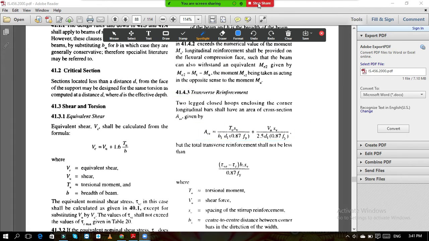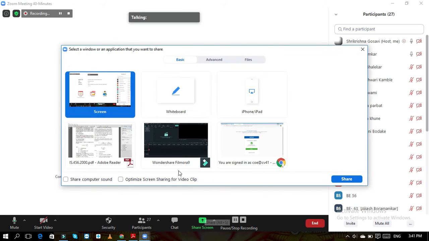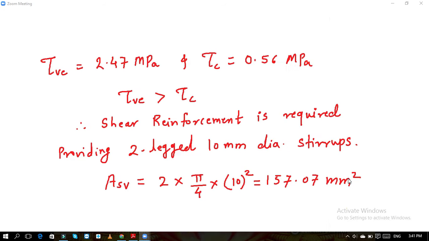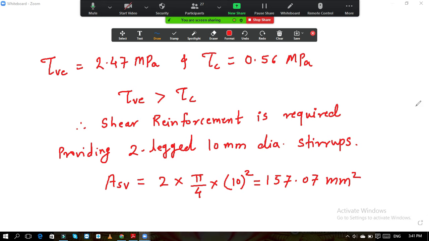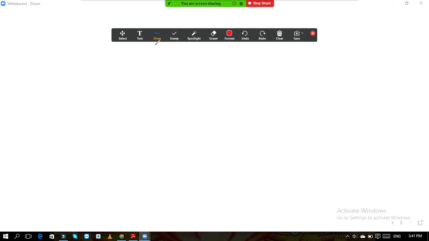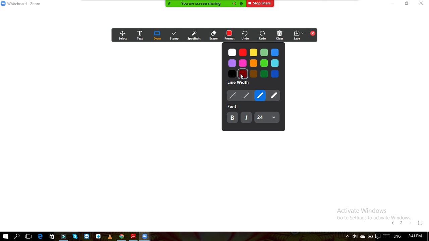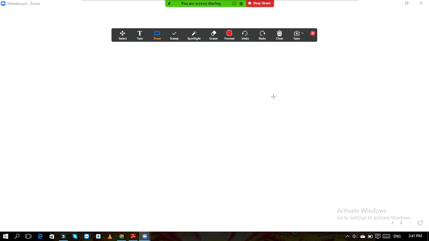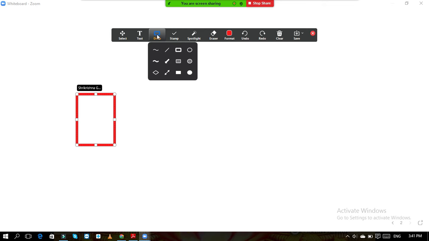So now we will go to our board. Okay, so next thing is to calculate b1 and d1. To calculate b1 and d1, suppose this is the stirrup.